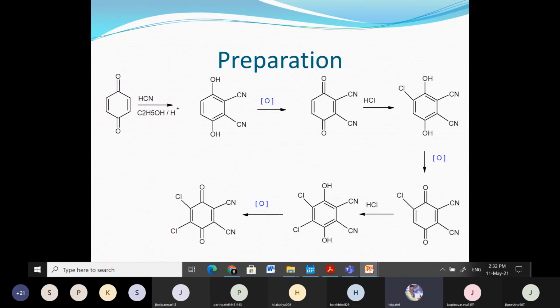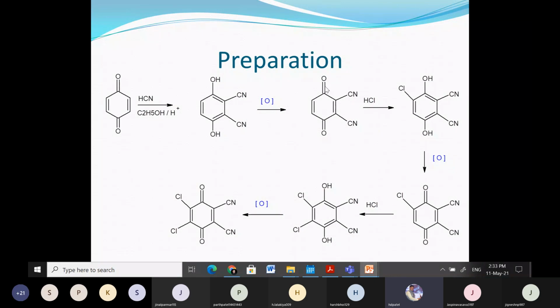In 1,4-quinol, previously OH groups were there, then we call it quinol, and when it oxidizes, it is converted into C double bond O, which is known as quinone. Now this compound, by treatment with HCN, first of all the addition reaction will take place, and as a result CN we can introduce.